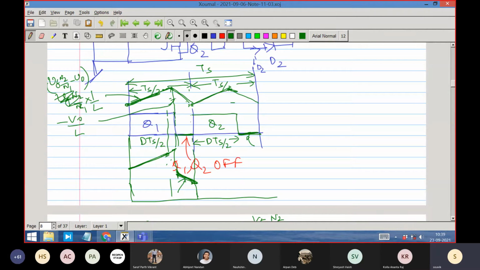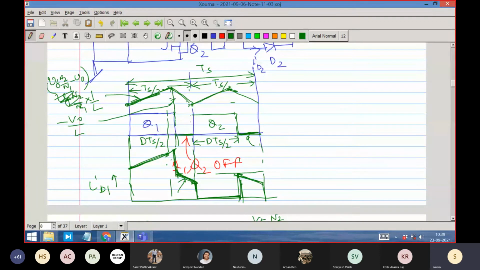Then subsequently, when Q2 is on, this current will be 0. I am drawing ID1, and this is 0. And then subsequently, again it will have half the current, half the inductor current. So always try to sketch the inductor current first, because the others are a function of the inductor current.